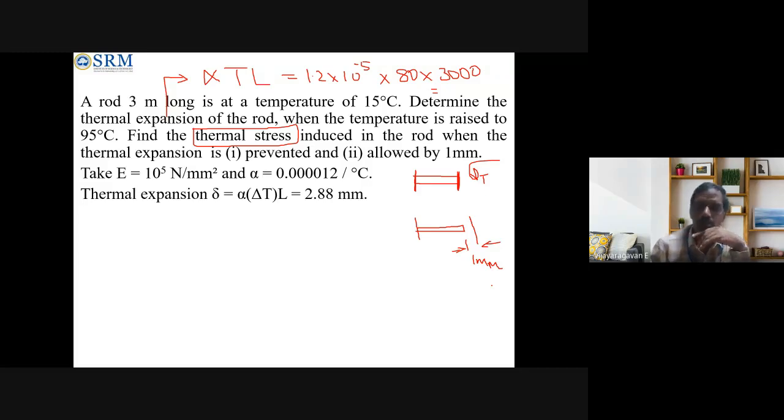What is the formula for thermal stress when it is prevented? Thermal stress is alpha T E, which we have discussed.